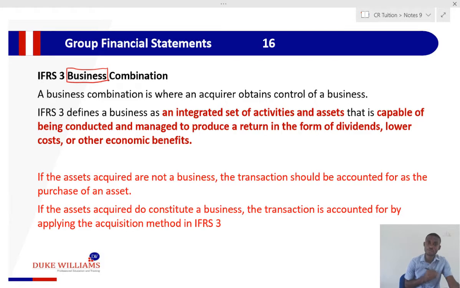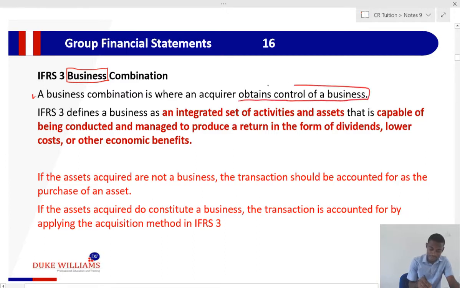That is why it's called business combination. There should be a business acquisition. And by this, IFRS 3 defines what a business is. Now it says that a business combination is where an acquirer obtains control of a business.